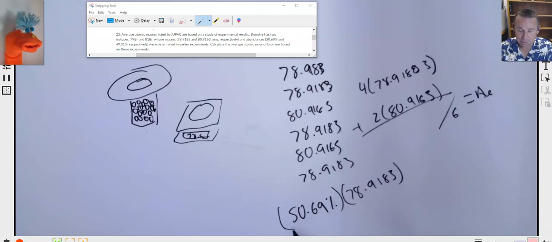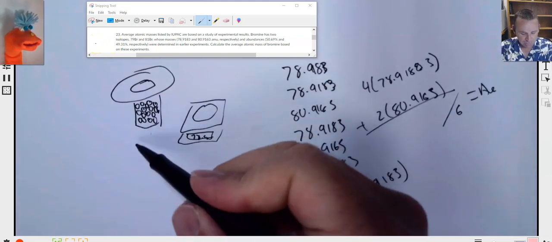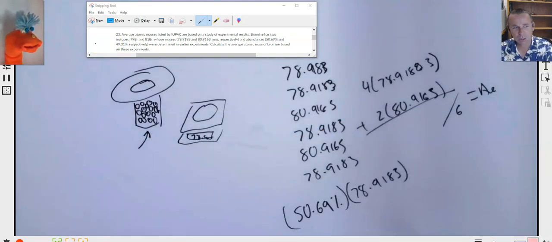So it looks like they counted 5,069 of these. And what's the other number? 4,931 of the other. Okay, so it looks like they had how many atoms in their hat that they were trying to pull out of? Oh, 10,000. That's right, the sum of those two, 10,000.